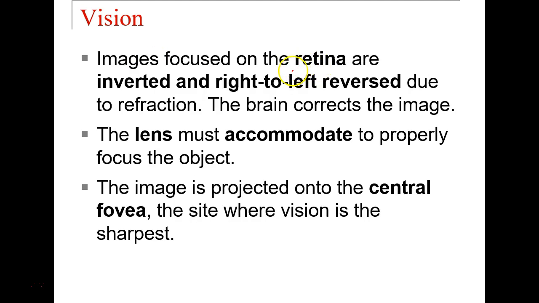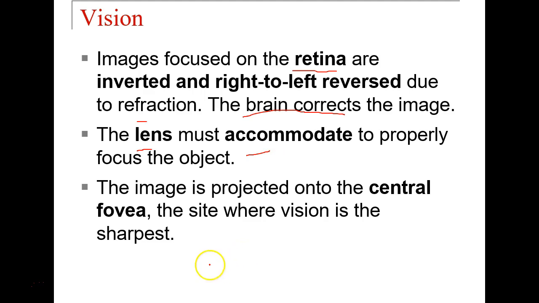Okay? So when light is focused on the retina, the image is actually inverted and right to left reversed due to this refraction. Luckily, our brain will help correct this image, and this takes place in the occipital lobe. The lens will accommodate to properly focus that object on the retina.